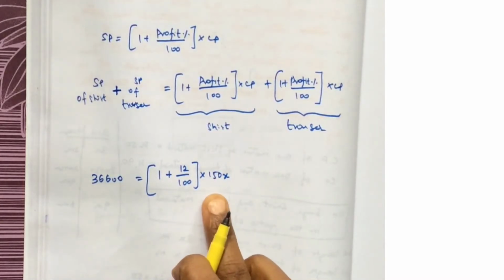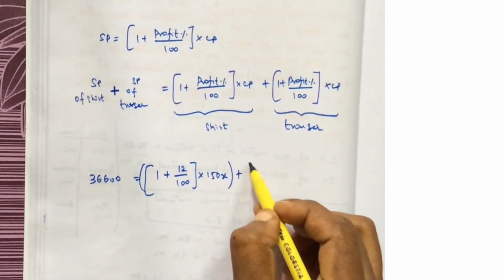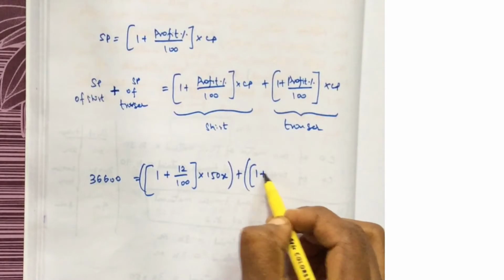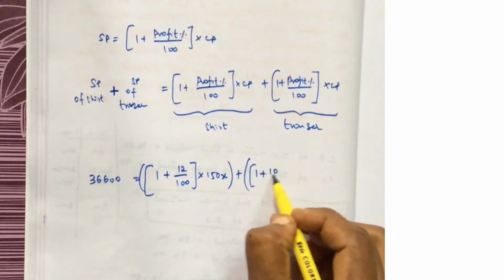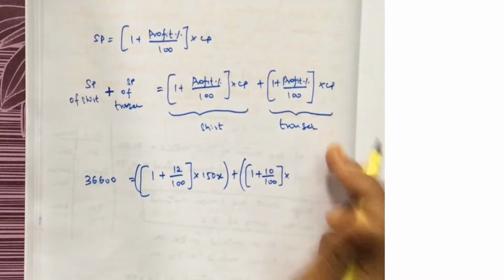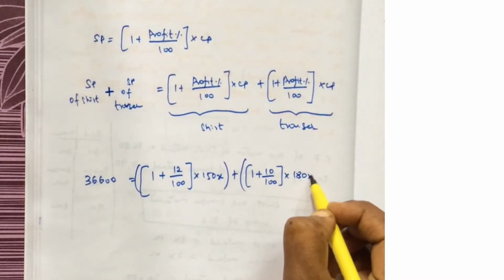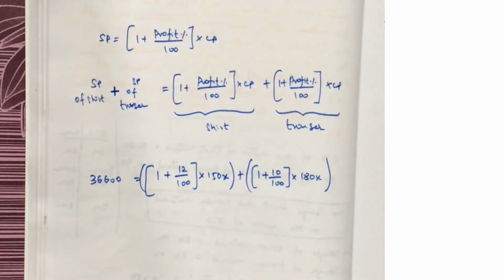Okay, just now we got this answer. This is one term plus 1 plus, what is the profit percentage of trouser, 10 divided by 100 multiplied by, what is the cost price here, 180x. Okay, now if you solve this you will get the value of x.